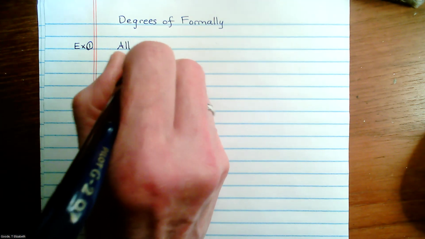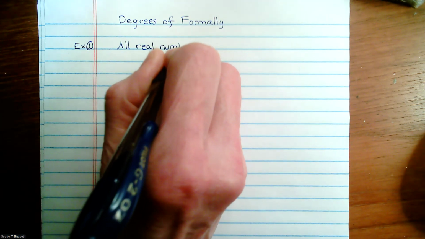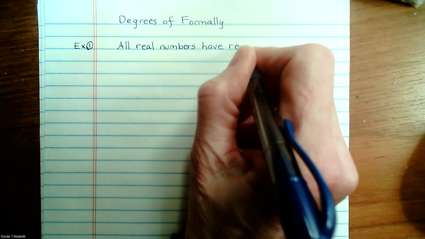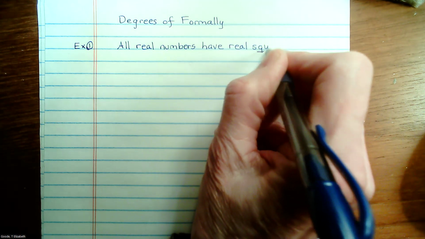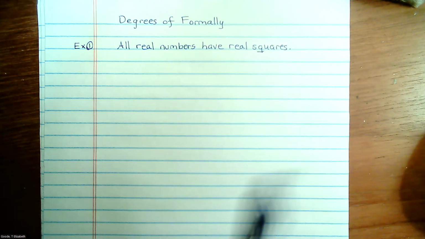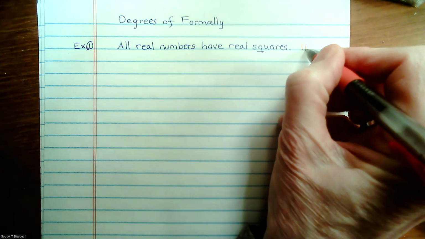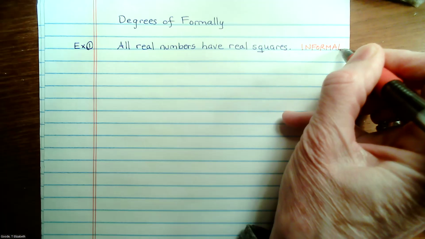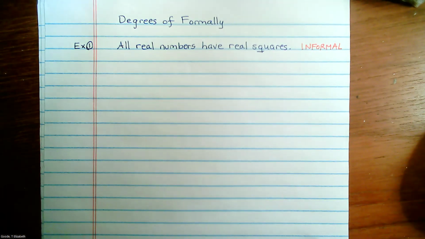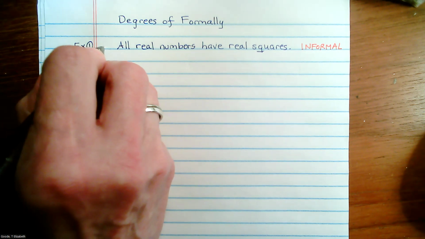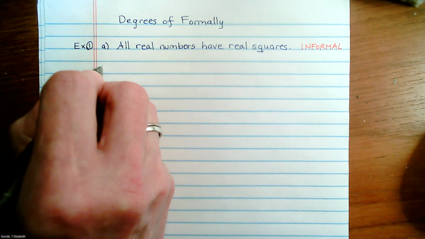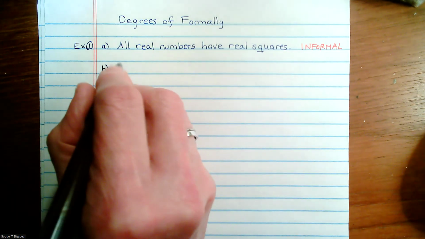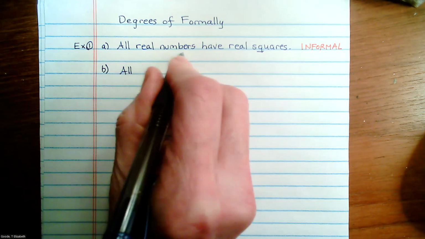So if we just look at an example: all real numbers have real squares. That is completely informal because it's written with no symbols of any kind, right? But we could make it a little more formal, for example, by introducing maybe one symbol, like an x.